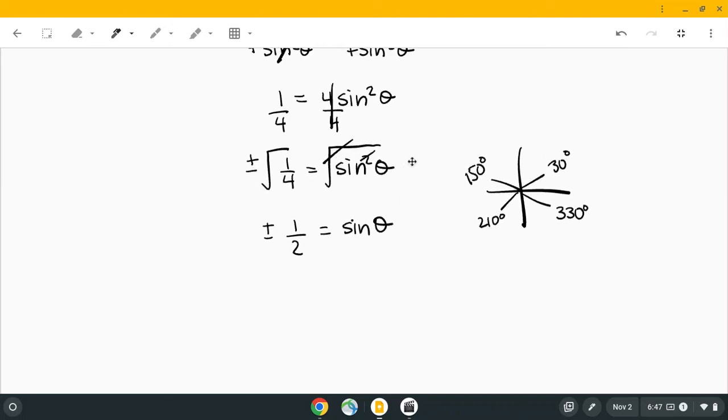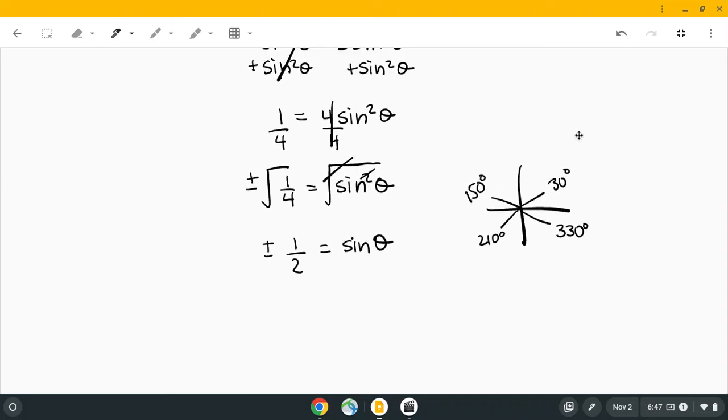Okay, but here's the catch. Whenever you do the squaring, let's put a note here.